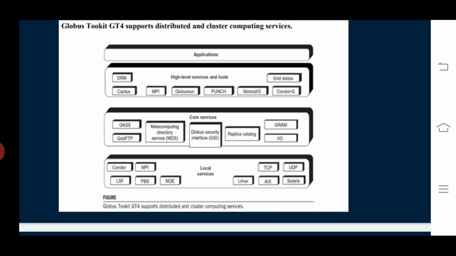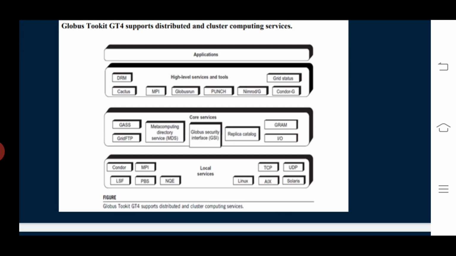The Globus Toolkit also implements web service management, web service based notification, Simple Object Access Protocol, and web service description languages. These are all the grid security infrastructure. These are the standards that Globus Toolkit implements.